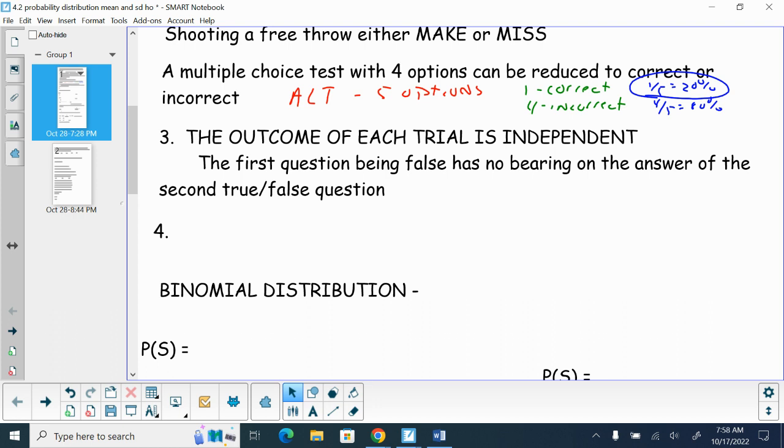Each of the questions are independent. The bearing of one does not have an effect on the other.